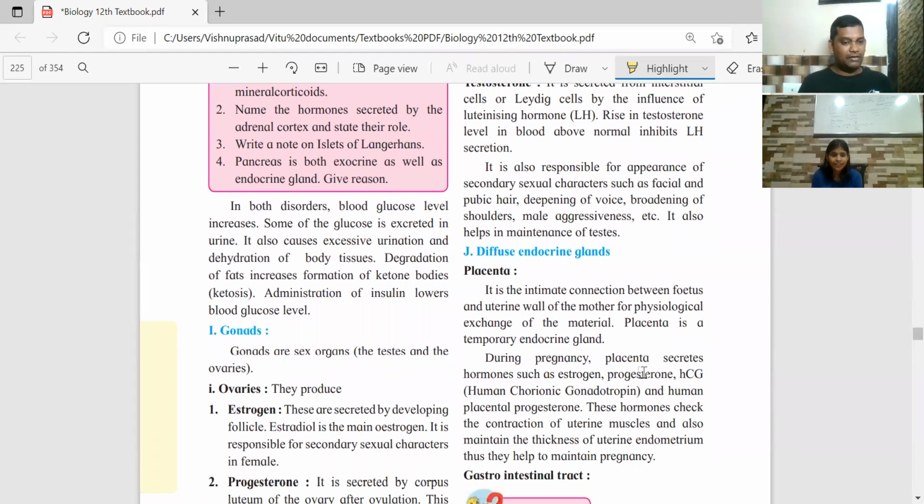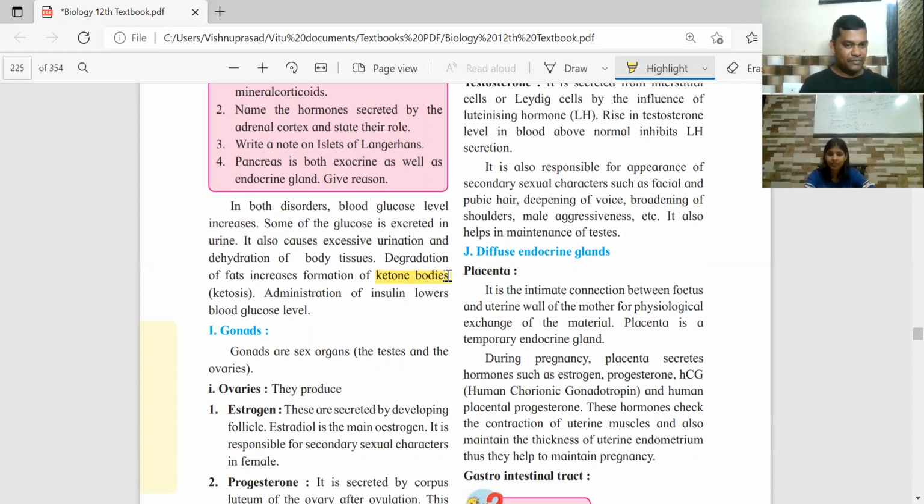In type 1 or type 2, in both cases, the blood glucose level increases, and it increases so much that the kidneys are forced to excrete the glucose in the urine. So there is excessive urination, dehydration, and degradation of fats, because of which ketone bodies are produced, which is called ketosis.